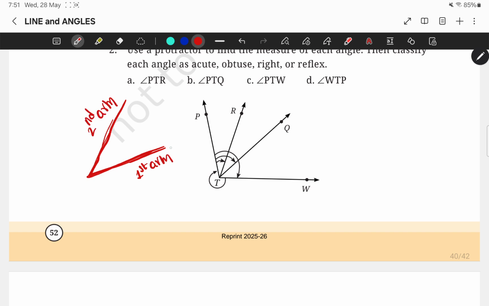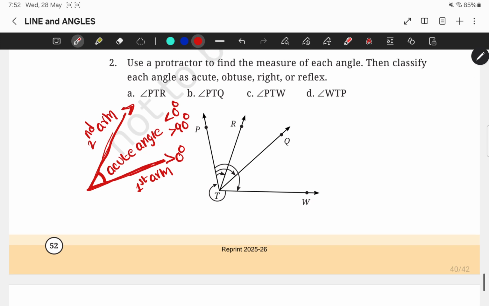The first arm will not move, but the second arm increases for different types of angles. So this angle is an acute angle, which is greater than 0 degrees and less than 90 degrees.